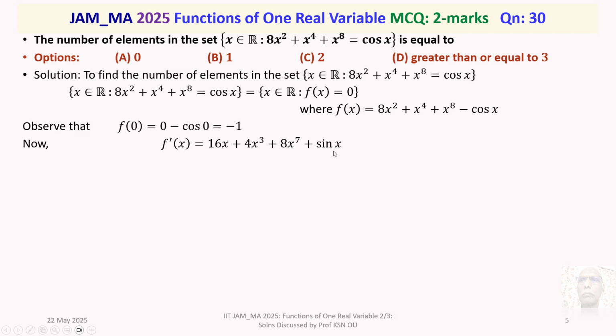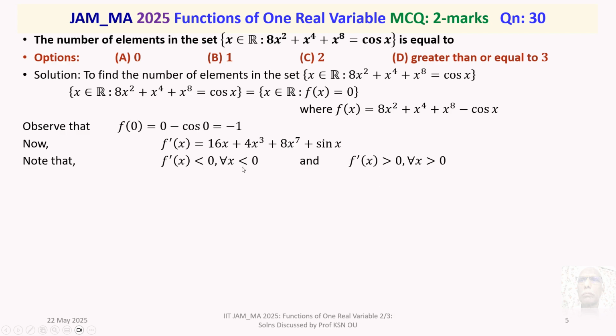So it will be altogether less than 0. Note that f prime x is negative for all x less than 0, and obviously for all x greater than 0 it will be positive. So f prime x is positive for all x greater than 0.